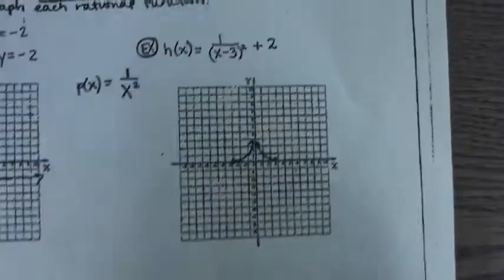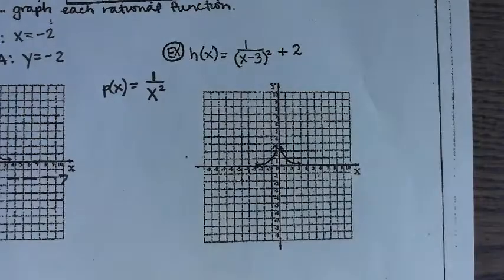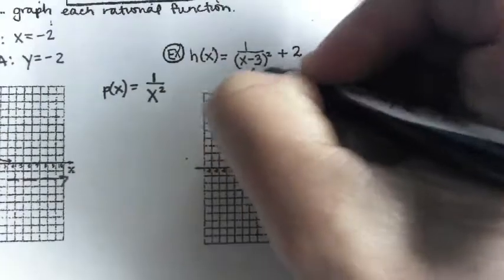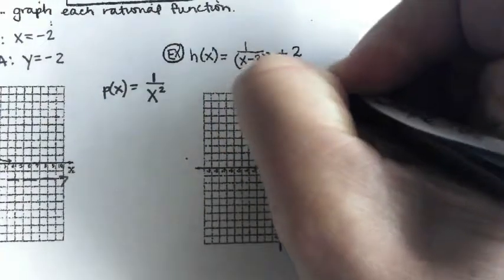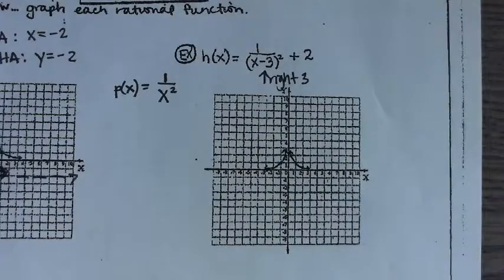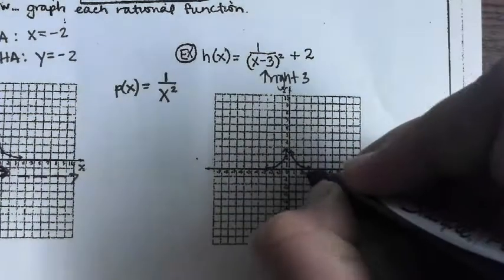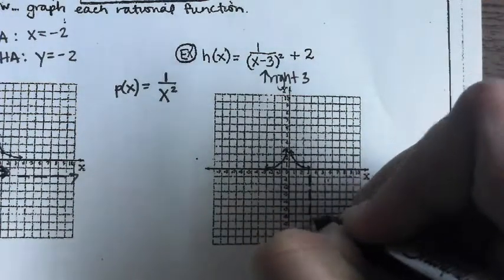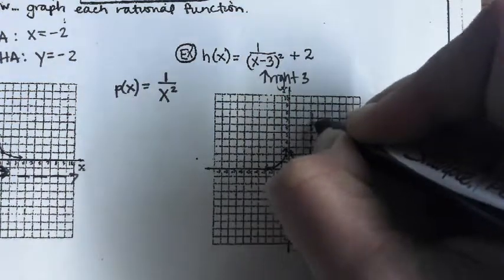So that being the parent graph, what transformations are occurring? Jack, can you tell me the first transformation? Yeah, that's right, 3, which is going to move our vertical asymptote over here.